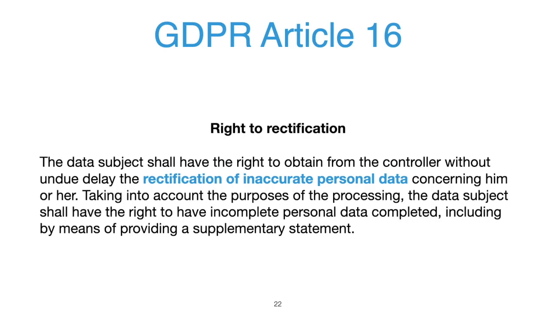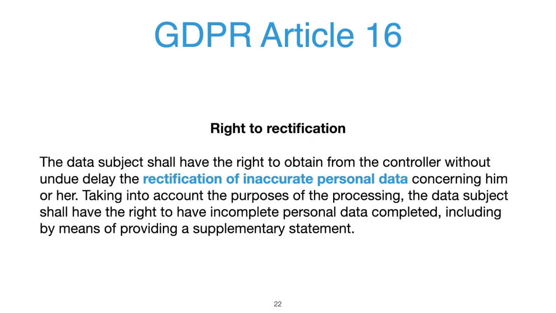Article 16 talks about the right to rectification. So if the personal data that is held on the data subject is inaccurate, the data subject has the right to have that corrected. In its simplest and most common form, this deals with the issue of credit rating agencies having inaccurate information.